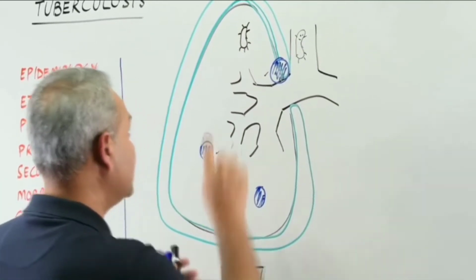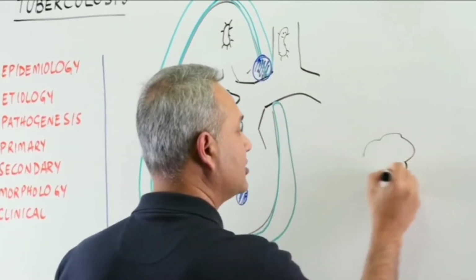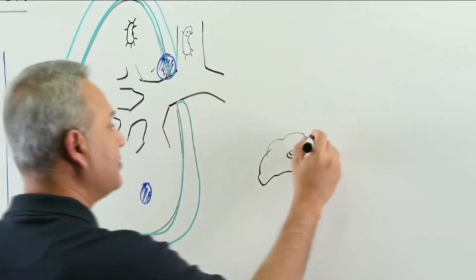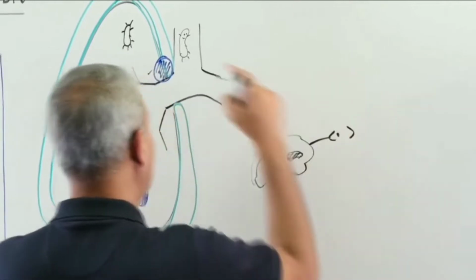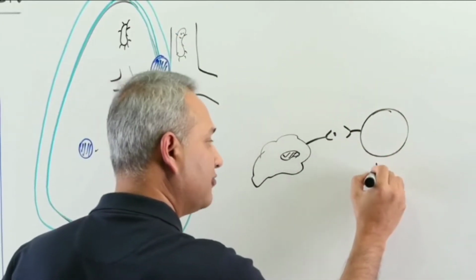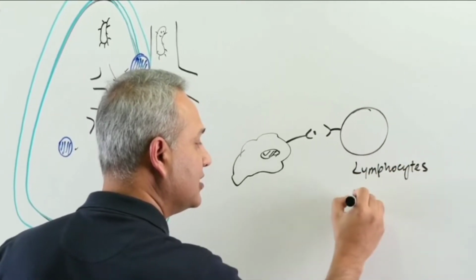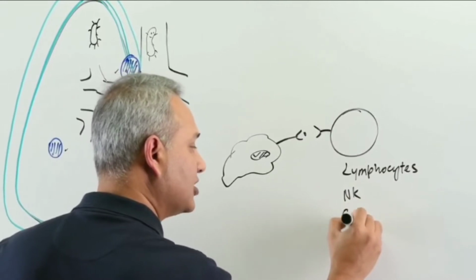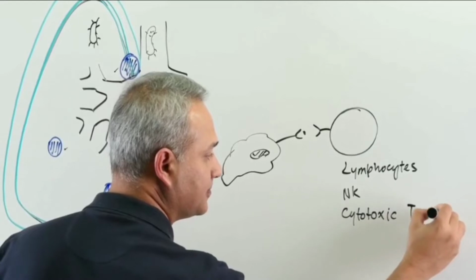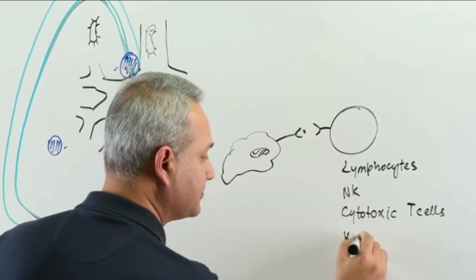So now what happens is, as soon as the pathogen is seen here, what is the pathology? The macrophage is going to look at that. It is going to present the pathogen antigens to the locally residing cells, the lymphocytes. Which lymphocytes? T lymphocytes: NK cells, cytotoxic T cells, macrophages themselves, and helper T cells.